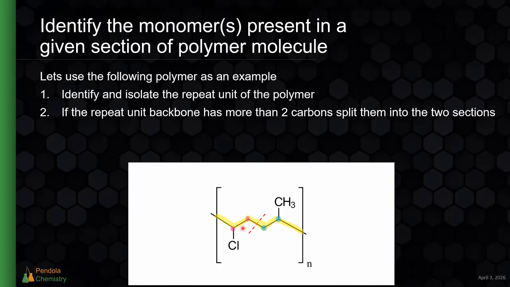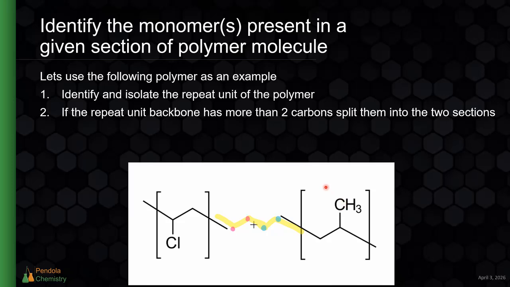The one on the left with the 2 carbons where one has a chlorine and the other one has 2 hydrogens. And the one on the right where one has 2 hydrogens and the other one has a CH3. So our blue carbons are right here. And then our red or pink, whatever color you want to call this, carbons are right here.